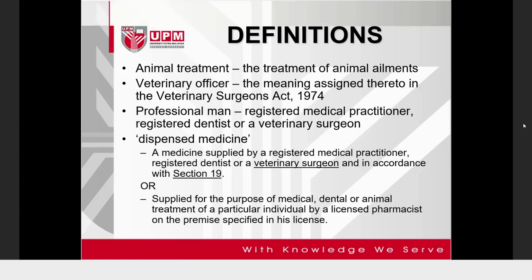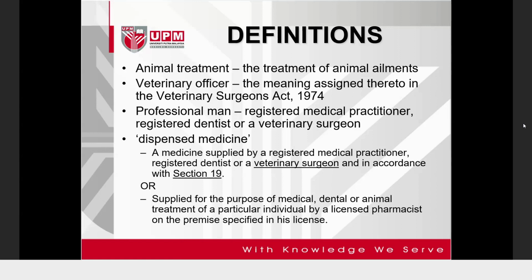And professional man, this is in the Poisons Act 1952. It says that professional men are registered medical practitioners, the registered dentist, or a veterinary surgeon. So these three categories of people are defined as professional men in the Act.